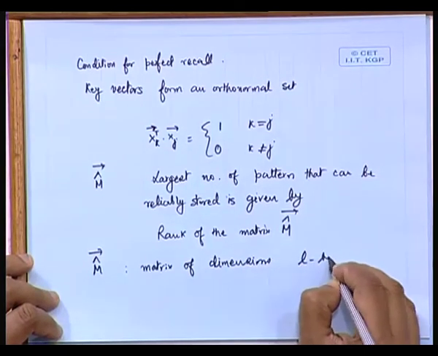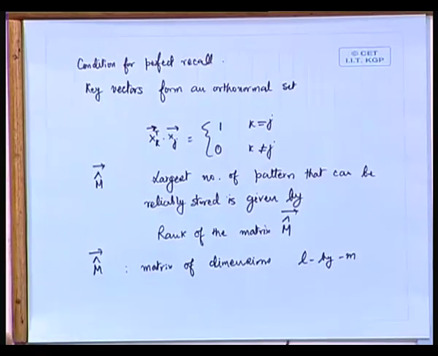There is no harm in assuming this to be a rectangular matrix. If we assume it to be a rectangular matrix, then the rank is defined as the number of independent rows or columns of the matrix.